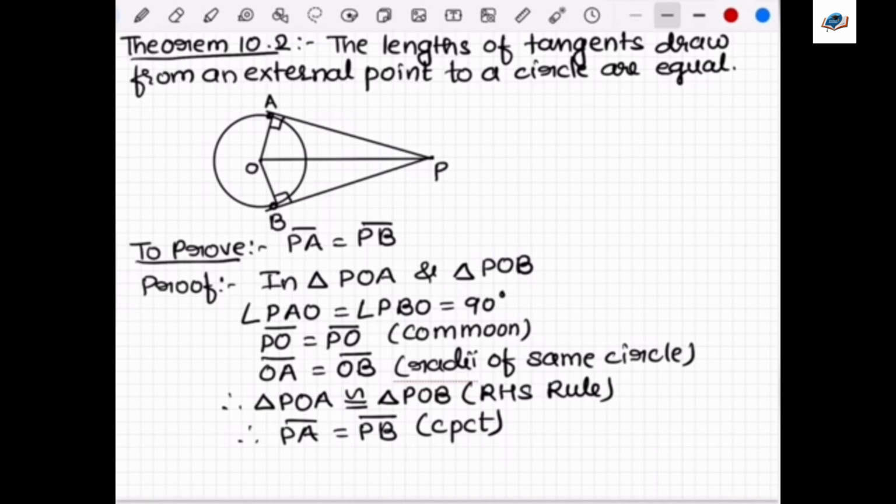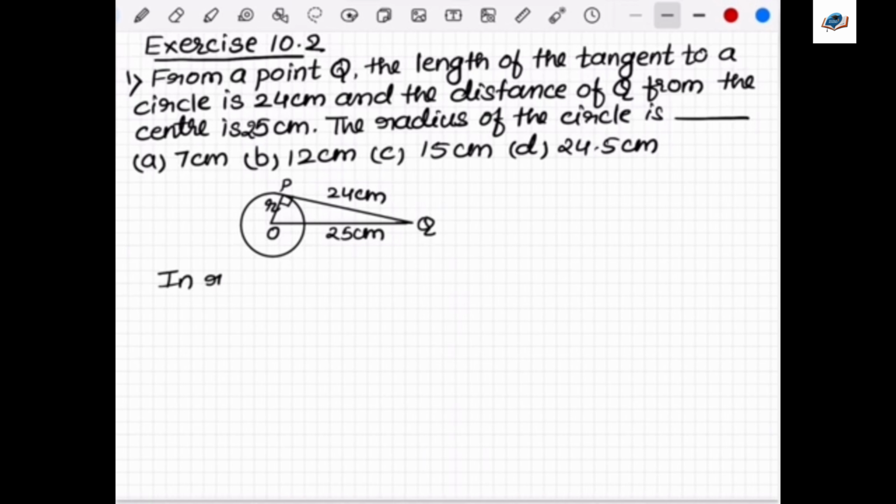So I can say in right triangle OPQ, OQ square will be equal to OP square plus PQ square. So OQ is 25, so 25 square equal to OP, OP is r, radius, so r square plus PQ, so 24 square.